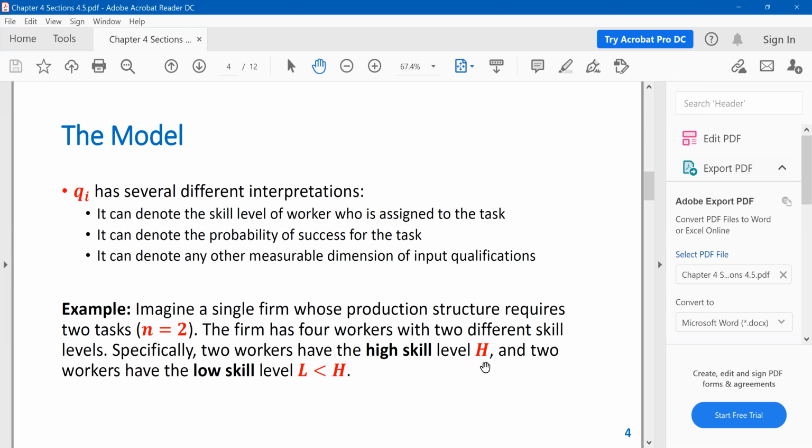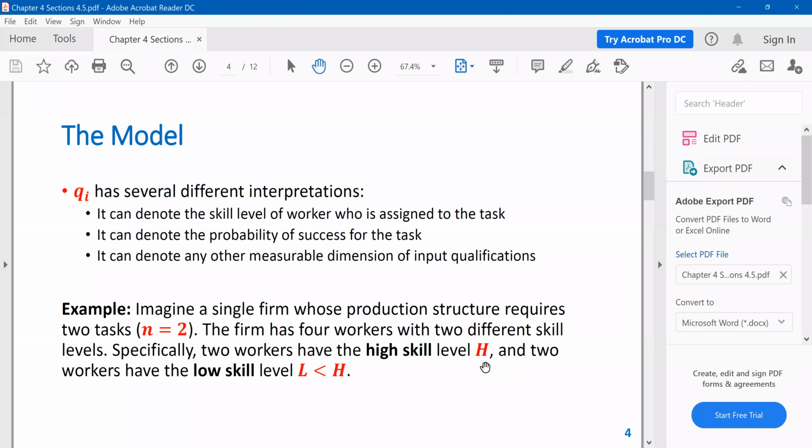Okay, or you may imagine these Qs as probabilities. Imagine now that the production process is stochastic, so it is subject to some sort of randomness or some sort of uncertainty. And for each task, there is a probability of failure and a probability of success.